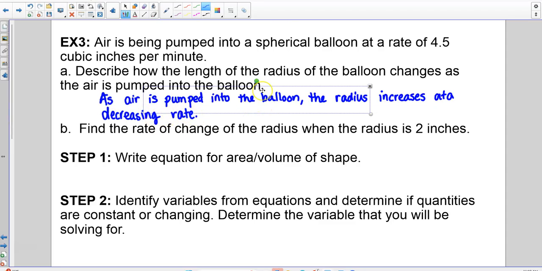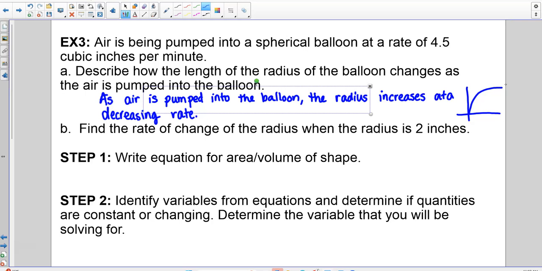Because if we think of graphing this, the radius starts off at 0. It's going to jump up quickly at first, but then more slowly as we go on, right? So, part B says find the rate of change of the radius when the radius is 2 inches.